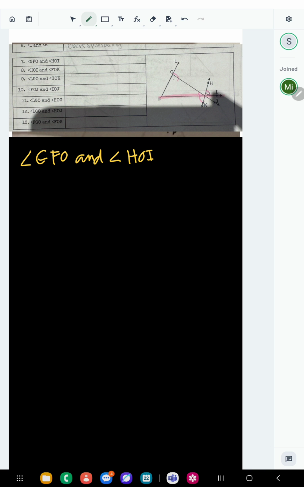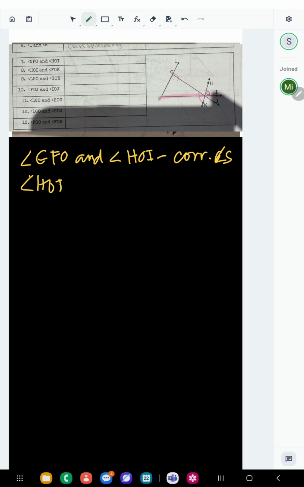GFO, so angle F, and angle O. Oh, they can be corresponding angles, right? Look, because angle F is in the interior and angle O is exterior.